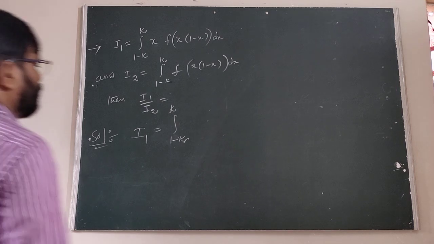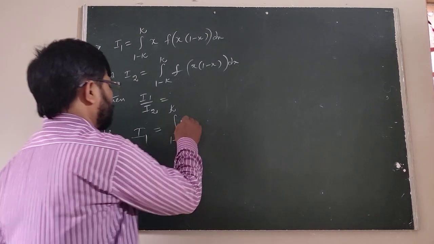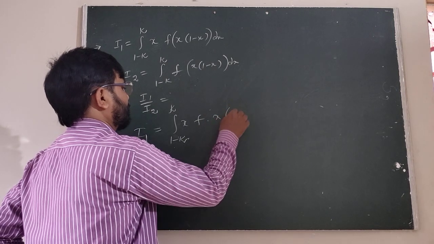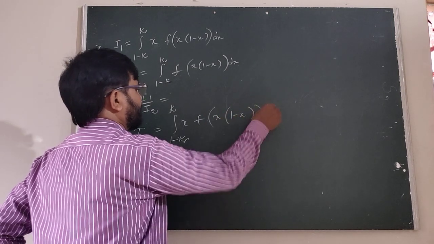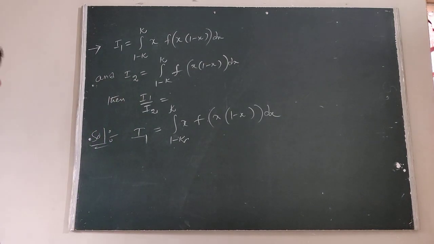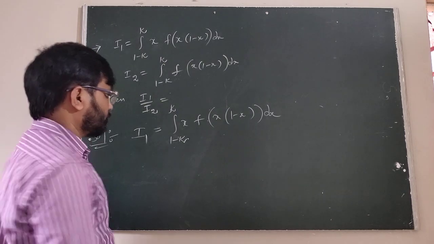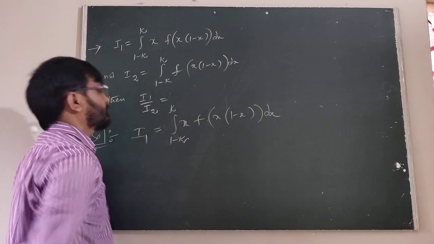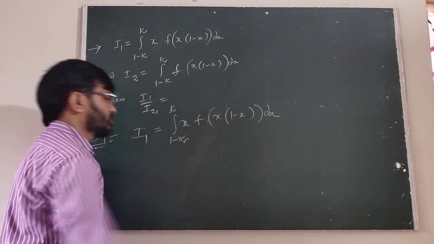Therefore, now we are taking x into f of x into 1 minus of x dx. Is it clear? Therefore, we have to take here the integral from 1 minus k to k of f of x into 1 minus of x.